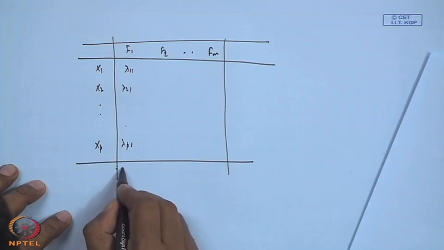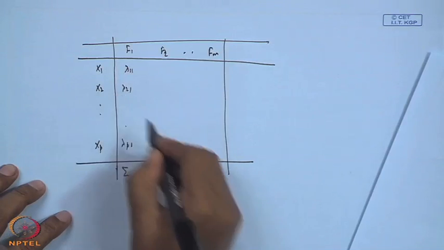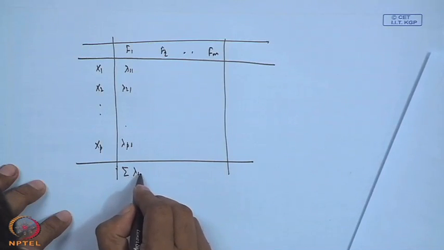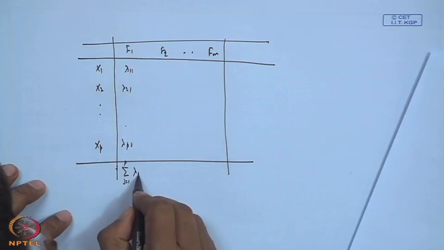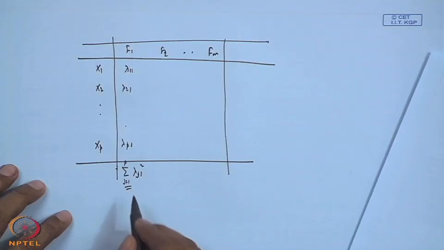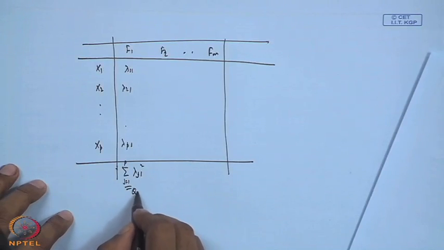Then when you take the sum over j equal to 1 to p of lambda j1 square, this is nothing but your q1 that we developed.